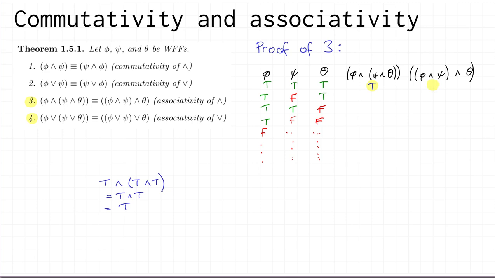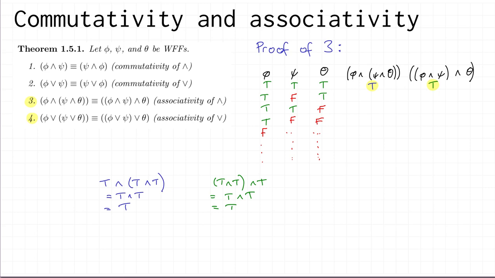So here, let's work it out. Again, we can just do this using the way we know for evaluating well-formed formulas truth values under a truth assignment. So we've made them all true, so what we've got is true and true and true, and again true and true is true, so we've got true and true, which is true again. Okay, so this one is true.